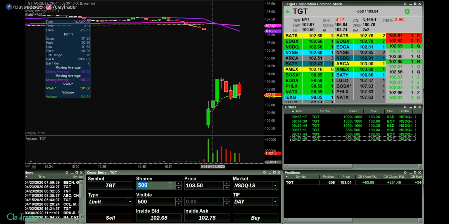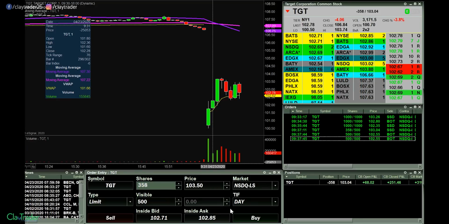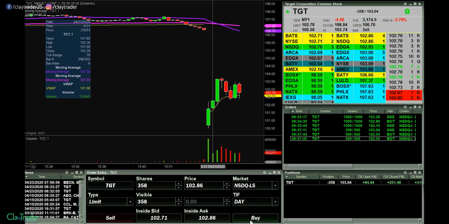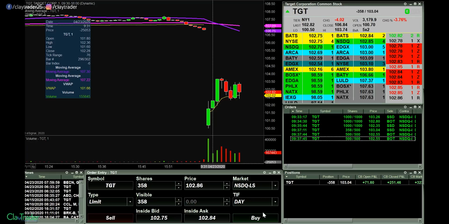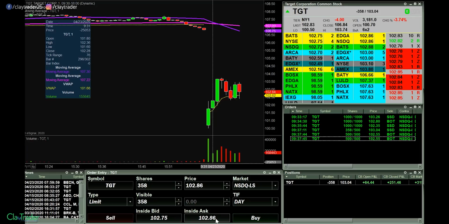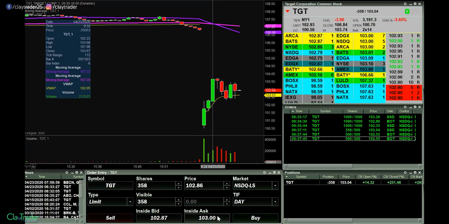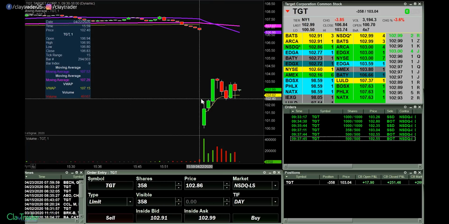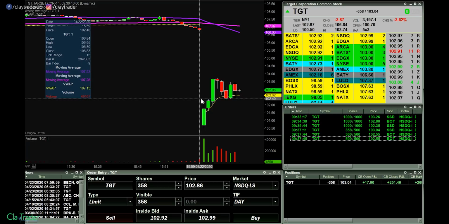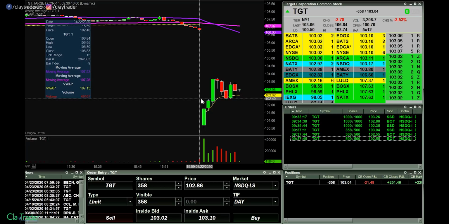All right, well, now I have 358. So this is kind of a trade gone haywire here a little bit. Let's see if it does want to work back down to that area at 102.40-ish.